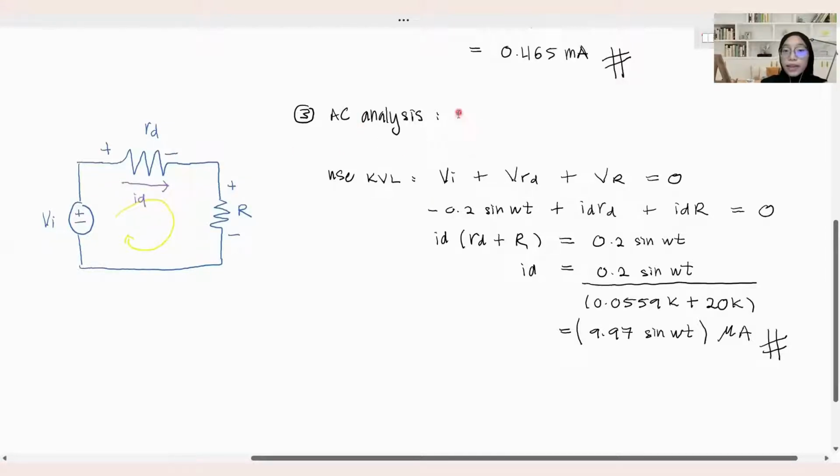For AC analysis, we turn off the DC supply, so we get the diagram over here. This is VI, RD, and the R resistor. We use KVL with this direction of current. VI starts with negative, so it is negative. For VRD and VR, we use the V equals IR formula. Then we calculate ID, and we get 9.97 sine omega t microampere.